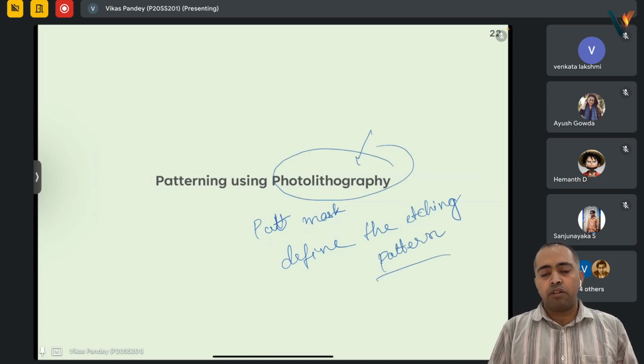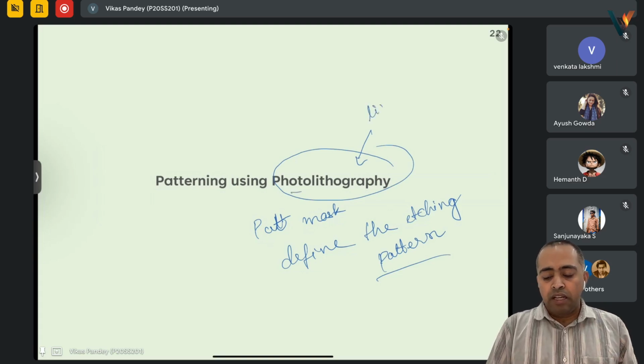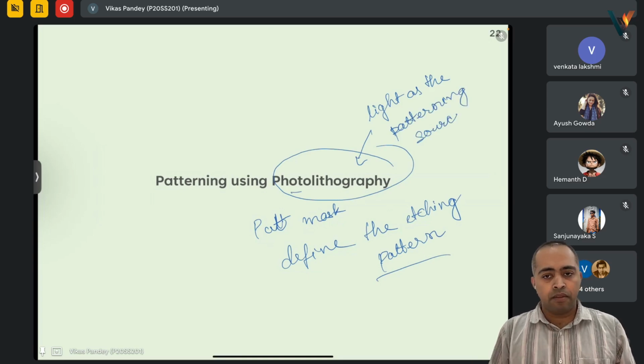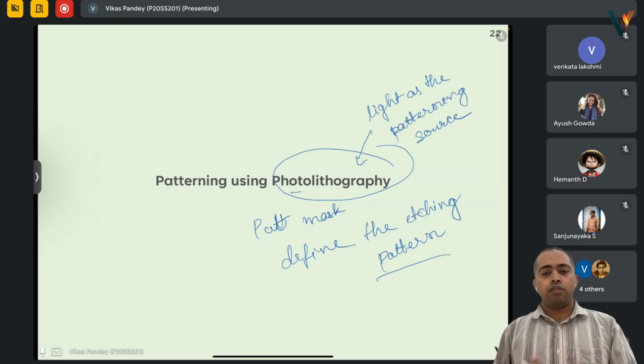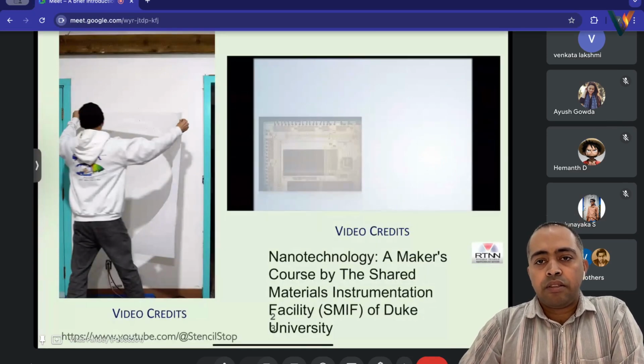One of the simplest lithography techniques is photolithography, where we are using light as the patterning source. So to start with, let's see this small video.